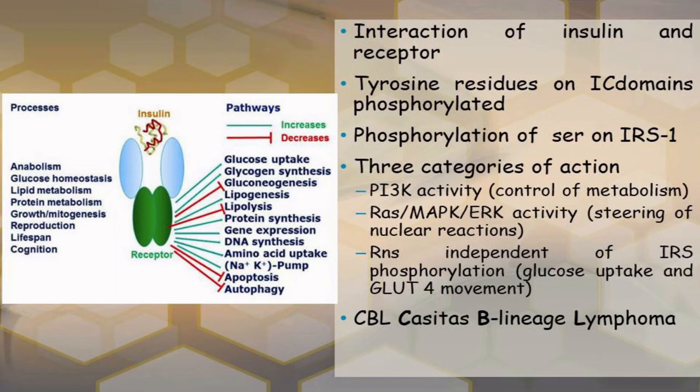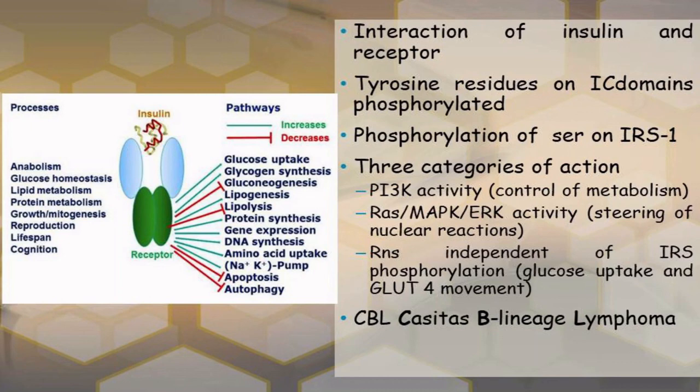So the interaction of the insulin and its receptor, and the receptor for insulin is a tyrosine kinase receptor, and the tyrosine kinase residues have IC domains that are phosphorylated. IC means intracellular domains which are phosphorylated, and the phosphorylation of this leads to the phosphorylation of serine on insulin receptor substrate 1, that is IRS1, and there are three categories of action that the receptor is important for.